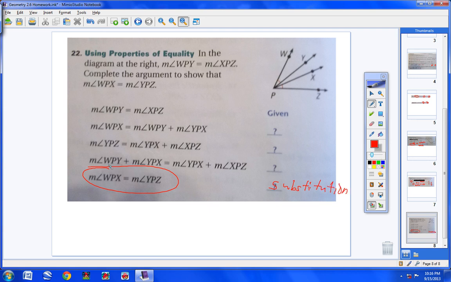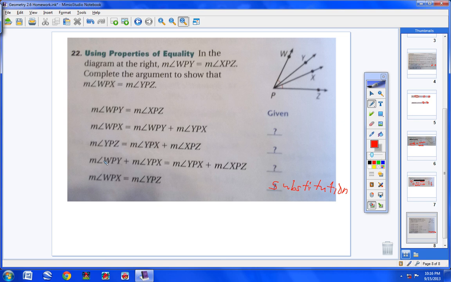All right, see this WPY plus YPX? Well, look. Let me erase this for you real quick. Okay, look at this. WPX, YPZ. Look right here. Here it is.